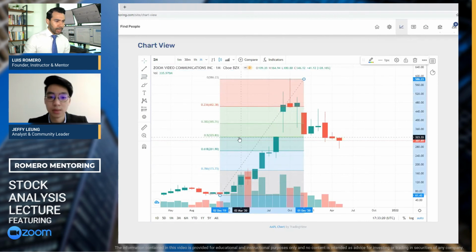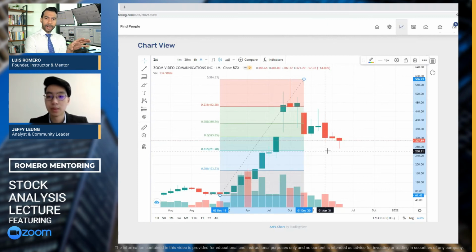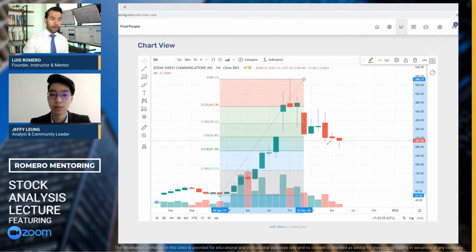There it is. So at the Fibonacci retracement, it is between the 50 and the 60. Okay. So from a technical analysis standpoint, this is where the stock might find support, where other market participants are looking at this.